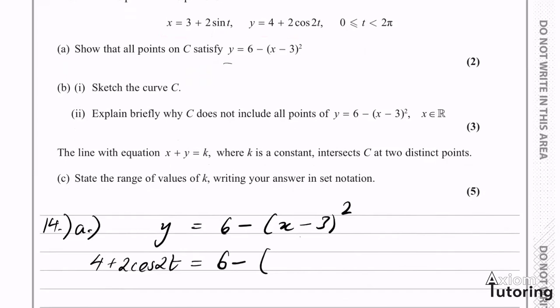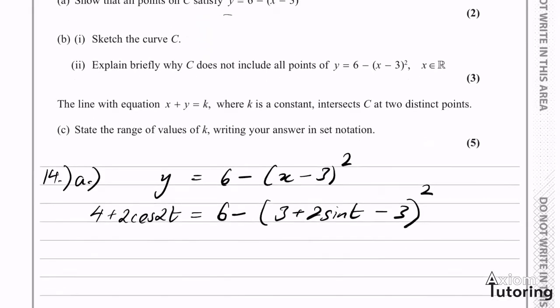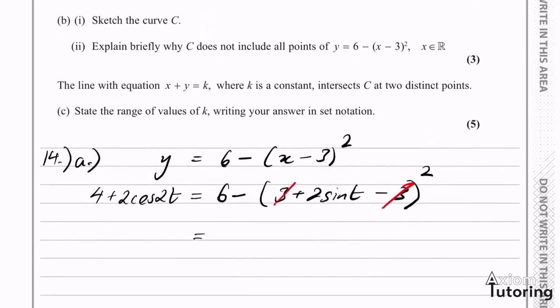Now, instead of x inside the brackets, we're going to substitute in 3 plus 2 sine t, minus 3, all squared. We can see clearly here that the 3's cancel. So plus 3 minus 3, that's 0. So what's left here? 6 minus (2 sine t) all squared.